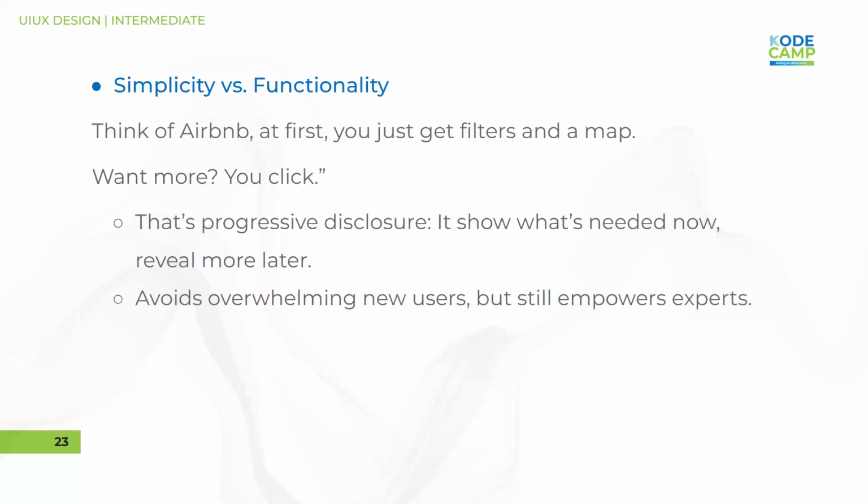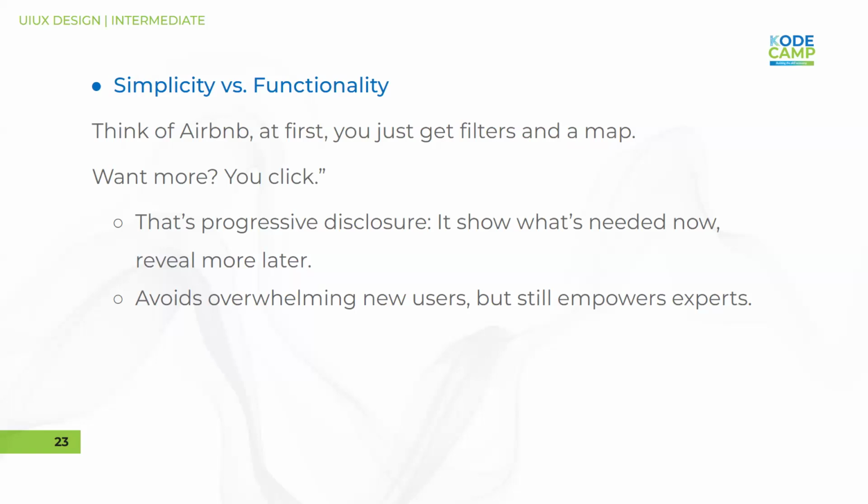And we also have simplicity versus functionality. Think of Airbnb. This is an application. At first, when you enter Airbnb, it shows you, I think, home, and I think there are also two new menu bars that they brought in.